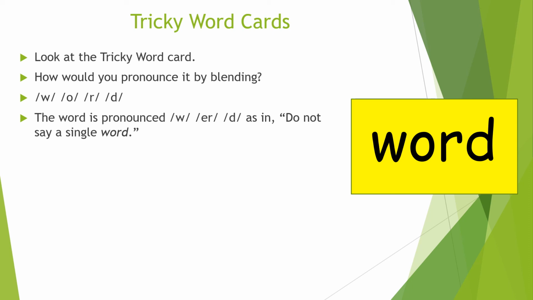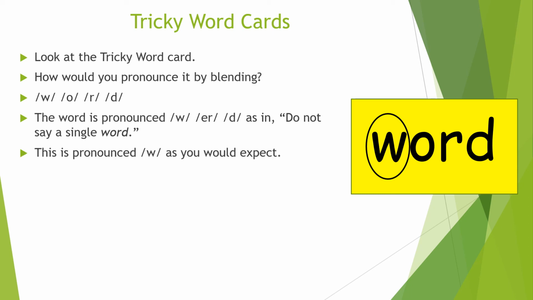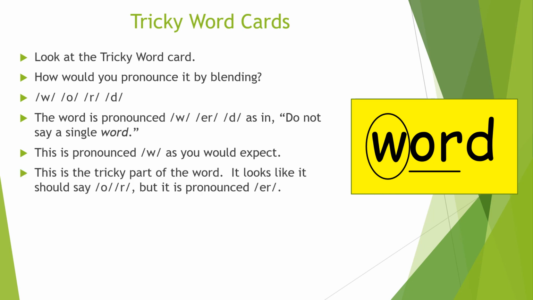Let's take a closer look at this tricky word. This is the letter W. It is pronounced w, just as you would expect. It follows the rules. These are the letters O-R. This is the tricky part of the word. It doesn't follow the rules. So it looks like it should say or, but it is pronounced er.